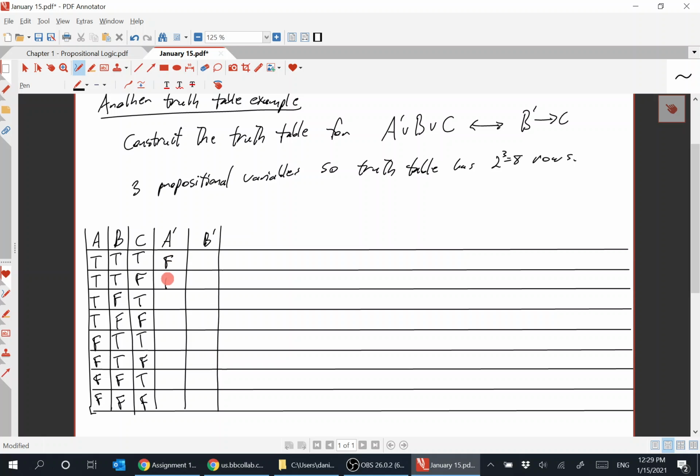These have the opposite truth values of what is being negated. Next, let's do this disjunction: A naught or B or C.